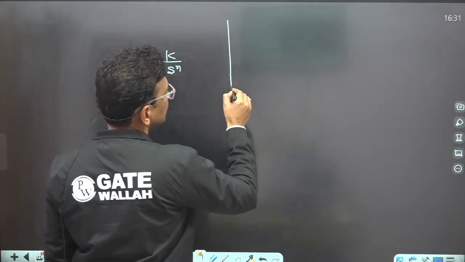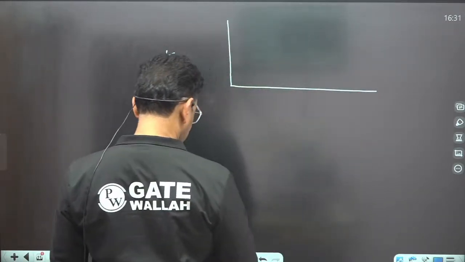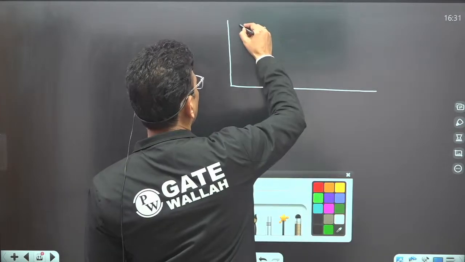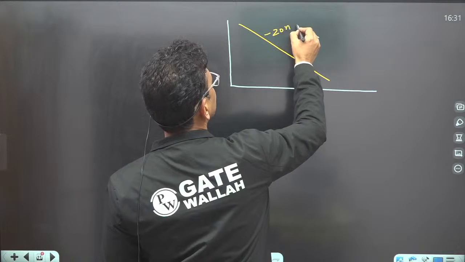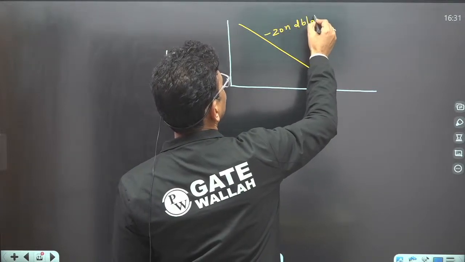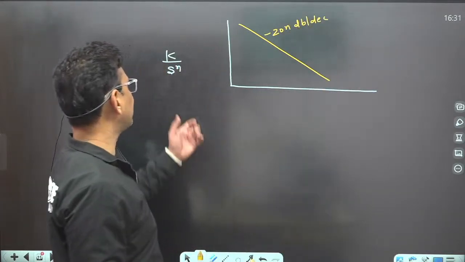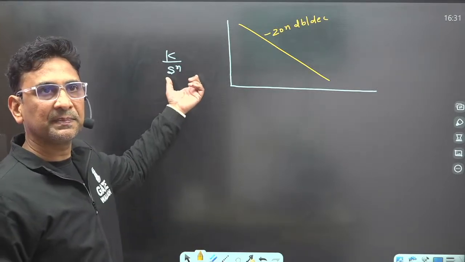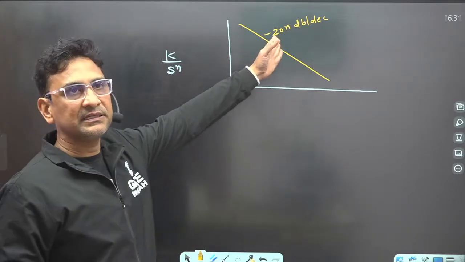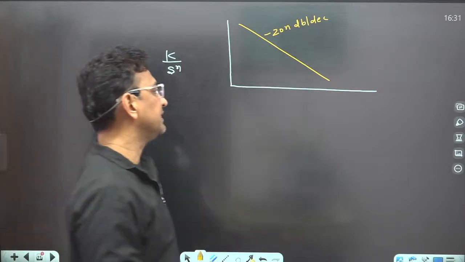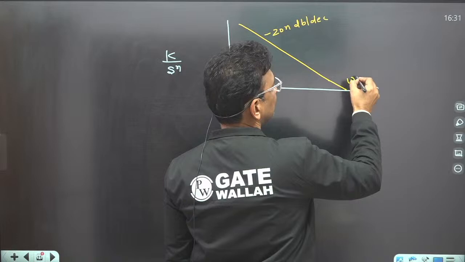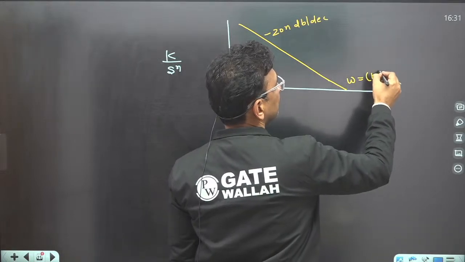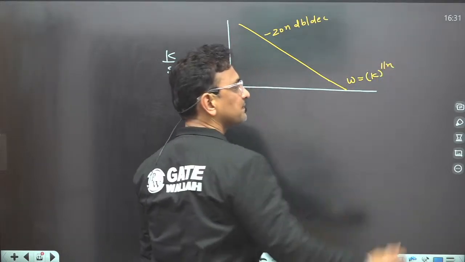The Bode plot is nothing but a straight line of slope -20n in decibel per decade. Clear? The Bode plot of this factor is a straight line, and this straight line cuts the x-axis at the frequency omega equal to k raised to the power 1 upon n.